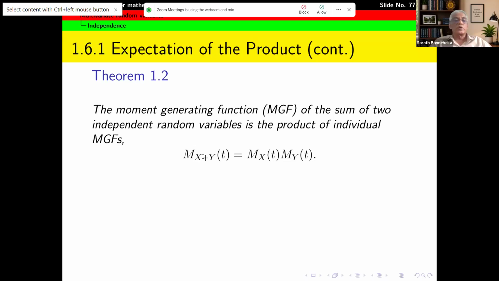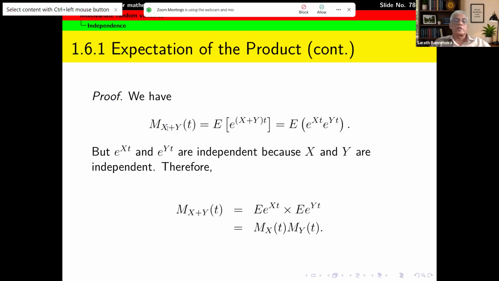Right. So let's prove this one also. Let's look at the moment generating function of x plus y evaluated at t. By definition, it's equal to the expected value of e to the power (X plus Y) times t. And that can be written as the expected value of e to the power Xt times e to the power Yt. Right.